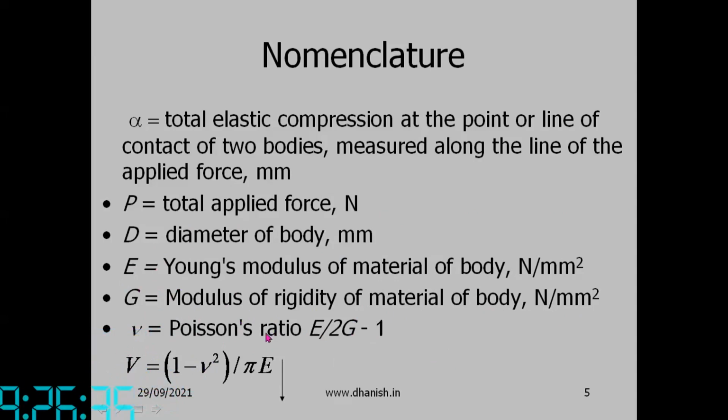V is defined as (1 minus nu square) by pi E. So E is here and nu comes from Poisson's ratio. If E and G are given, nu can be calculated from this. So V is equal to (1 minus nu square) by pi E. So this is the nomenclature used for the formula.